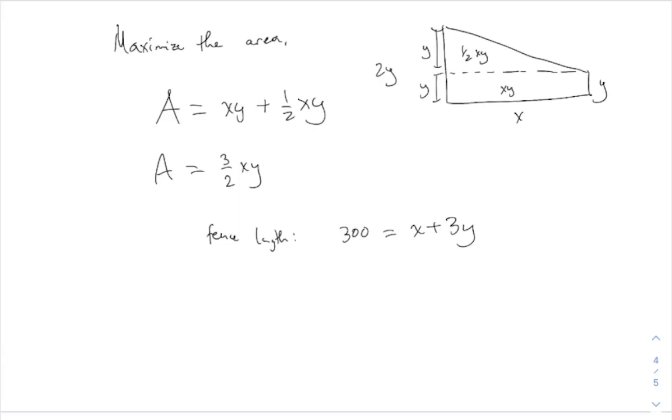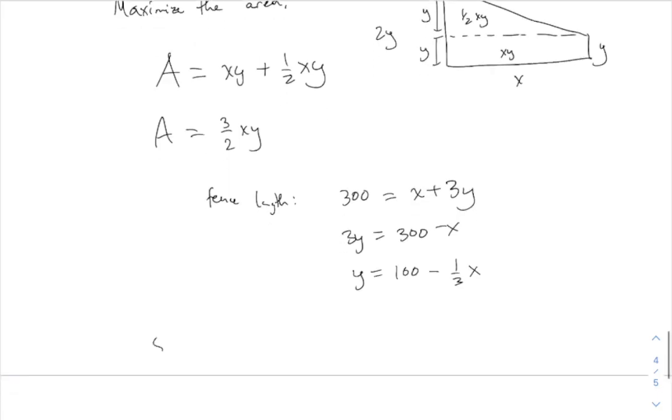So it's going to say 3y equals 300 minus x, divide by 3, y equals 100 minus 1/3 x. And this we plug into the formula for A, and we end up with a formula in terms of x only, which is what I wanted. So I'll write A of x is 3/2 x times y, which is 100 minus 1/3 x.